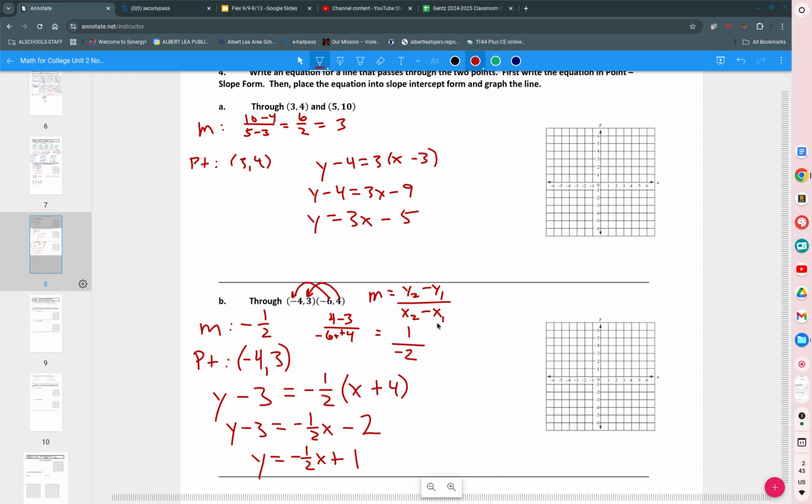So before we do this, slope. Slope is 4. That's 6.